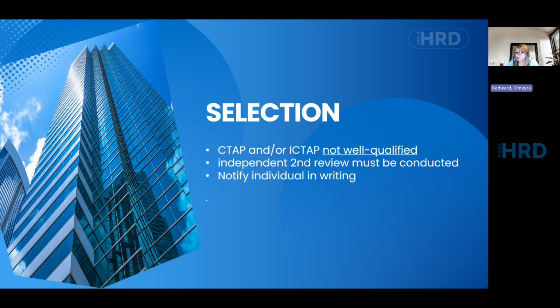All of the adjudications must be documented in USA Staffing, in the case files, or follow the process that your section has identified for something like this or for any other selections.